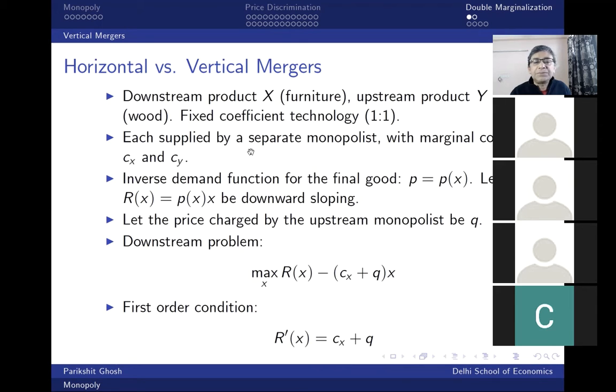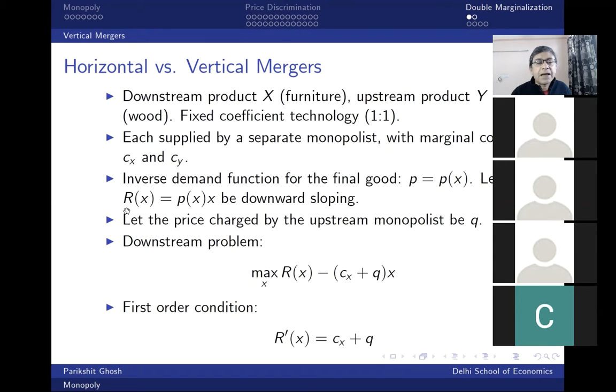And the furniture company has this cost of production. So its overall cost will be this CX plus whatever price they have to pay for the 1 unit of wood that they will buy for each unit of furniture, right? So their marginal cost will be CX plus that extra item. For the final good, namely furniture, the inverse demand function is PX.